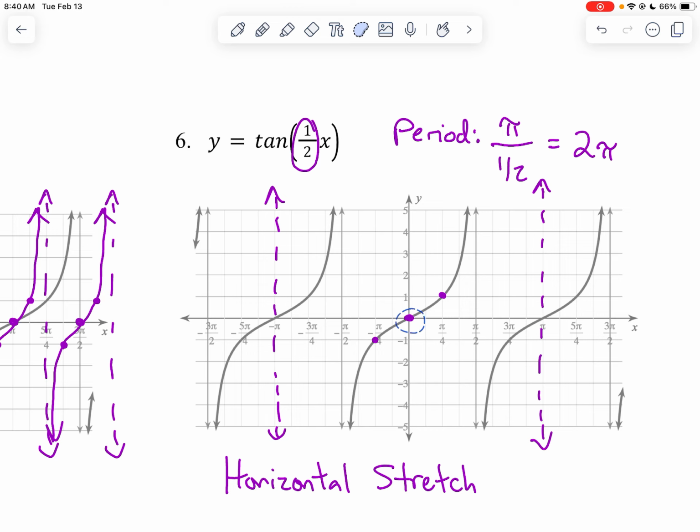That also means my couple of critical points here. The one in the dead center at 0, 0, that'll stay put, because doubling 0 doesn't do anything. Horizontally, if I'm at negative pi over 4, double gets me to negative pi over 2. And pi over 4 doubled gets me to pi over 2. So it's going to elongate that central part of the graph there. Still going to make this big curve here, but it's just going to be extended out.